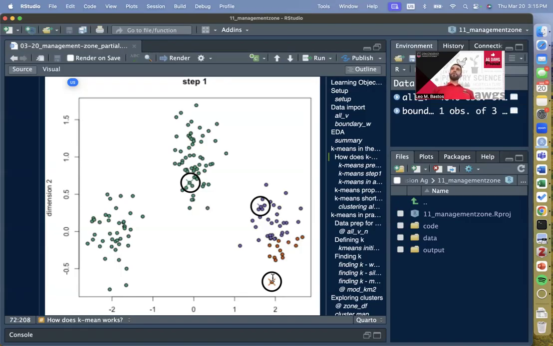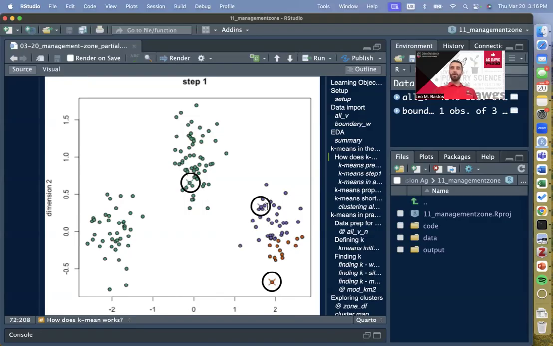After identifying those three observations, the distance of each one of the points is calculated in relation to each one of those centers. So for example, take this observation here. The distance from that one to the center of the red cluster is calculated. The distance of that to the center of the purple cluster is calculated. And the distance of that to the center of the green cluster is calculated.